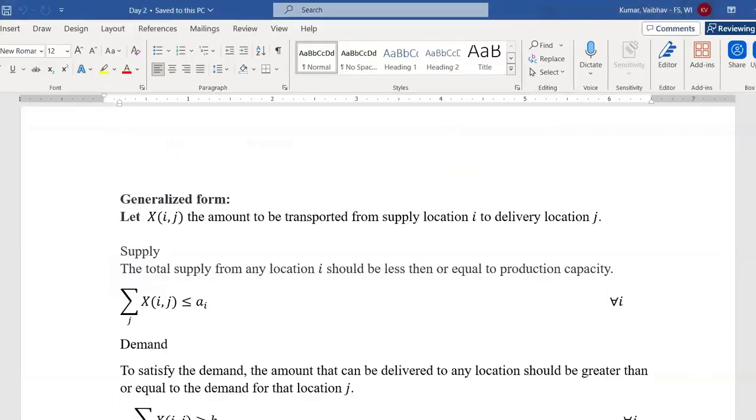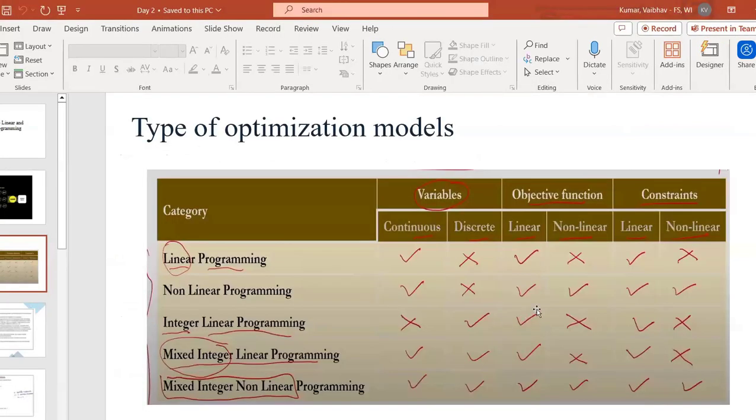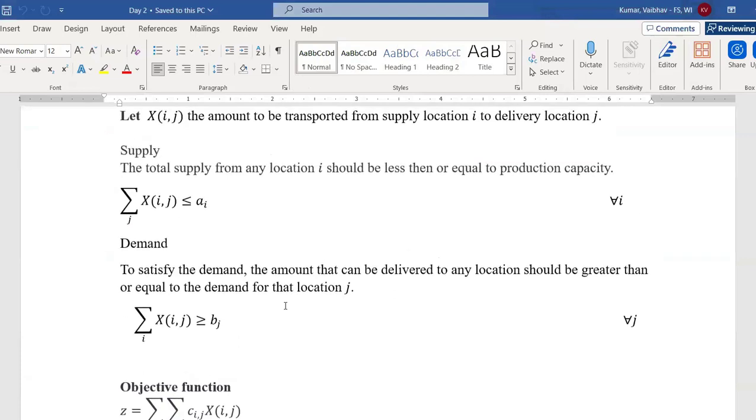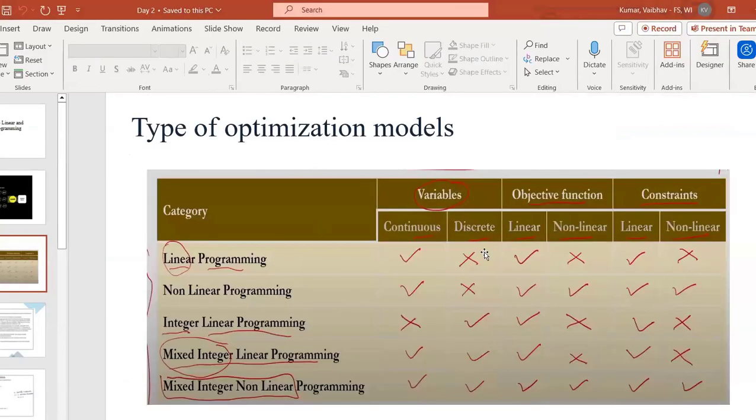In the problem we implemented yesterday, this was our objective function: we were multiplying Cij, the cost parameter, with Xij. So it was linear and continuous in nature. All the constraints, a couple of constraints for the supply and the demand, were linear as well.